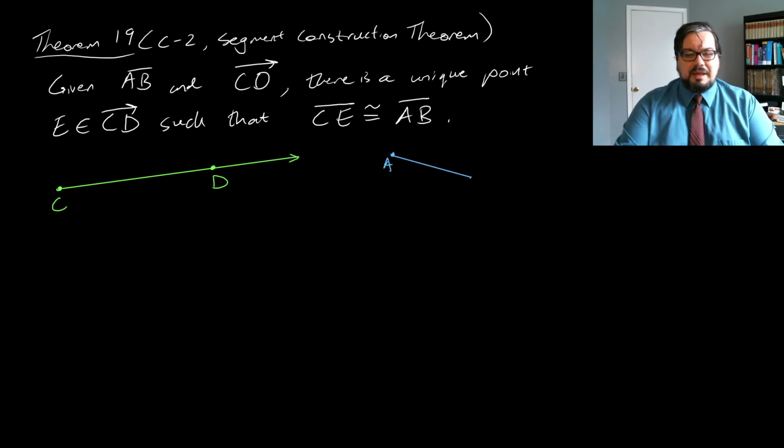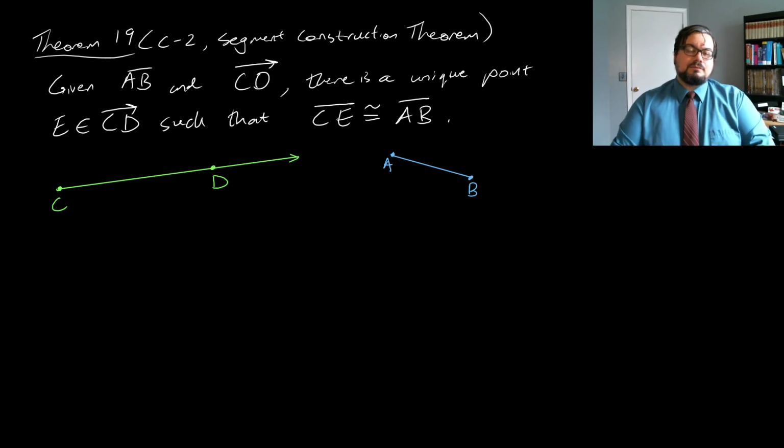The segment goes from A to B. What this theorem is saying is that we can find some point over on the ray CD such that CE, the segment CE, is congruent to the segment AB. Or another way of thinking about it, there's some point over on the ray where the segment from C to that point E is a copy of AB. We're constructing a copy of the segment AB onto the ray CD, hence the name of the theorem, the segment construction theorem.